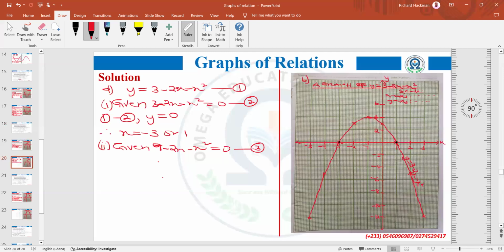So again, you are going to look at your given relation minus the equation that you are solving. So the given relation, named 1, minus the equation, named 3. We are going to get y minus 0, which will give us y is equal to 3 minus 9, and that will give us -6.